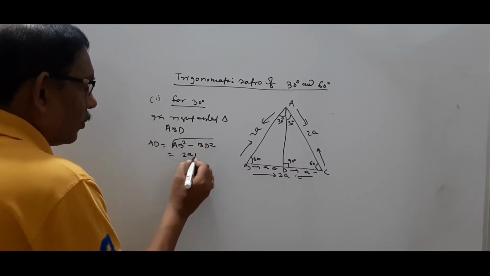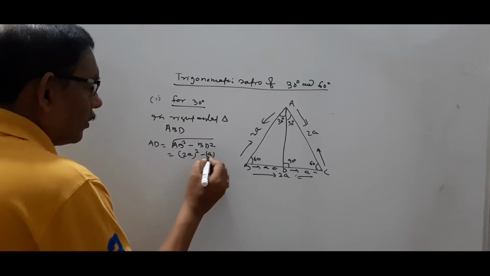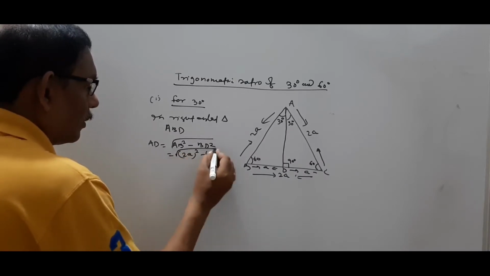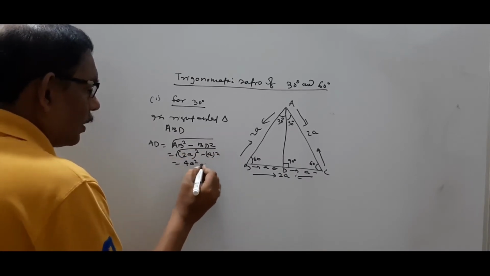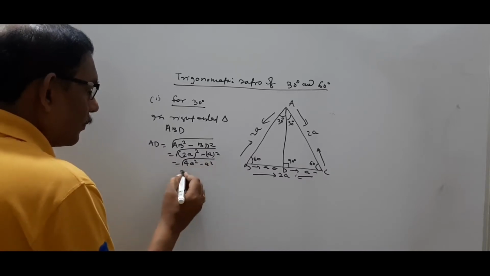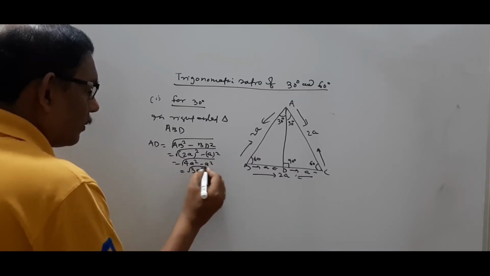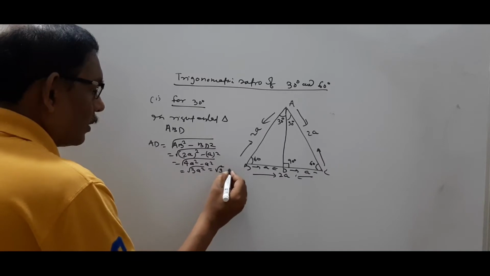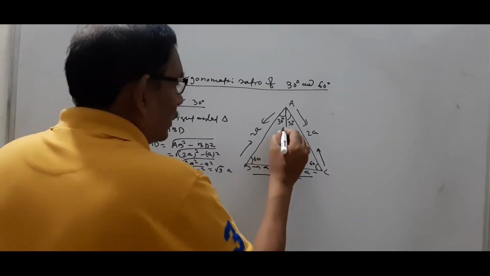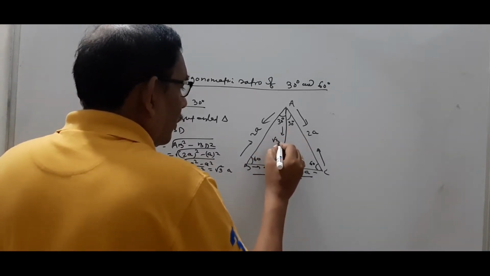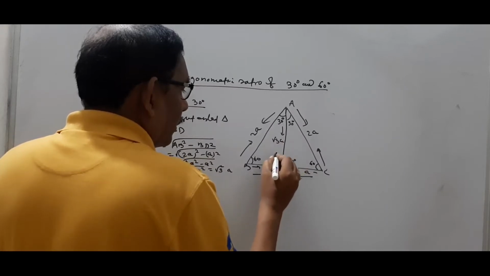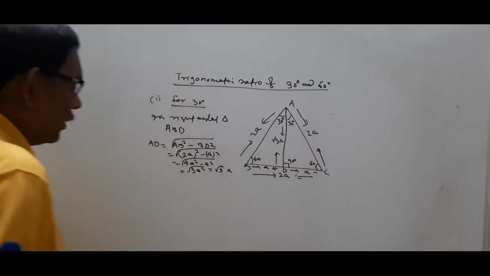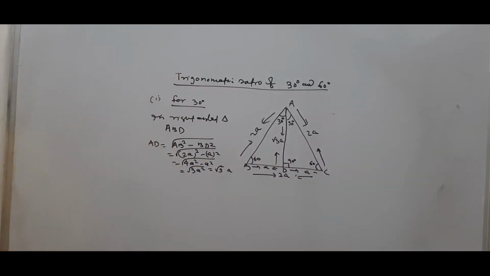AD is equal to the square root of 2a whole square minus a whole square, that is 4a square minus a square, 3a square, root over, root 3a. So AD is equal to root 3a.